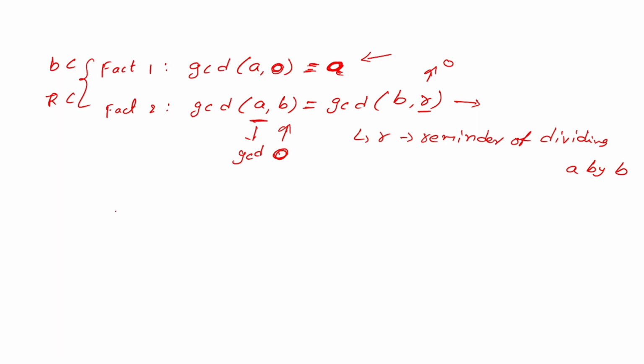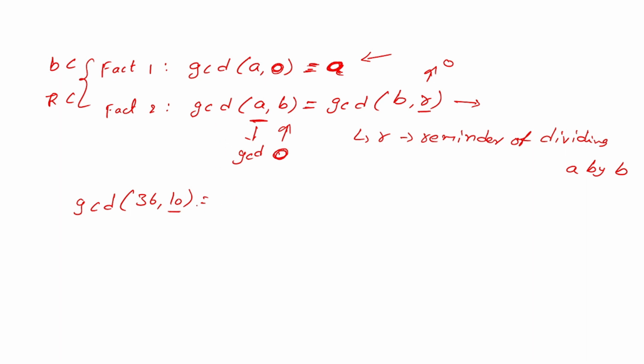So for example, GCD of 36 comma 10 is equal to, so this is fact 2 because the second value is not 0, so we need to follow fact 2.